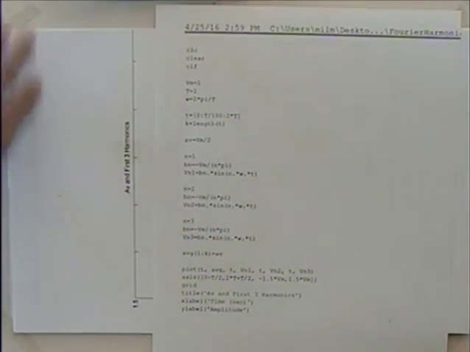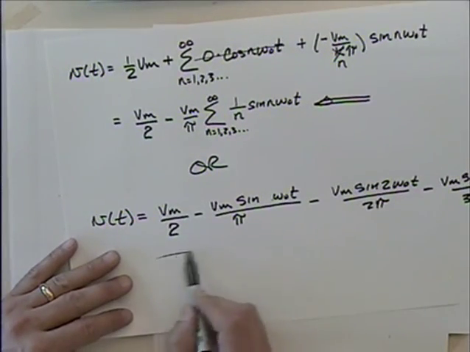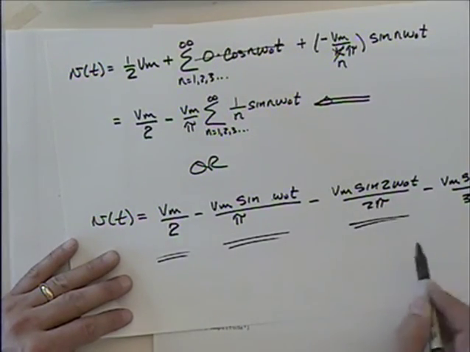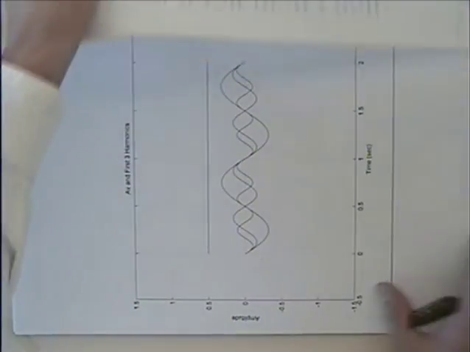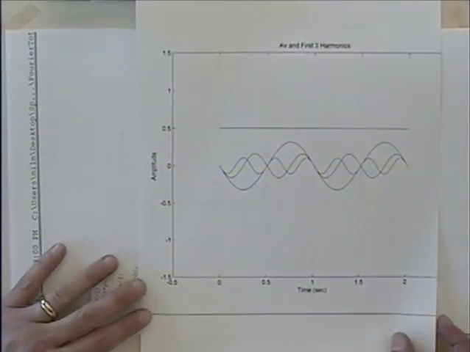So here I set this up, and I'm looking at the first 3 harmonics, okay, which should be near and dear to us because we actually did the first 3 terms. We've got this, this, this, and that. So there's the average and the first 3 harmonics. So I go through that, and you get your output looking something like this.